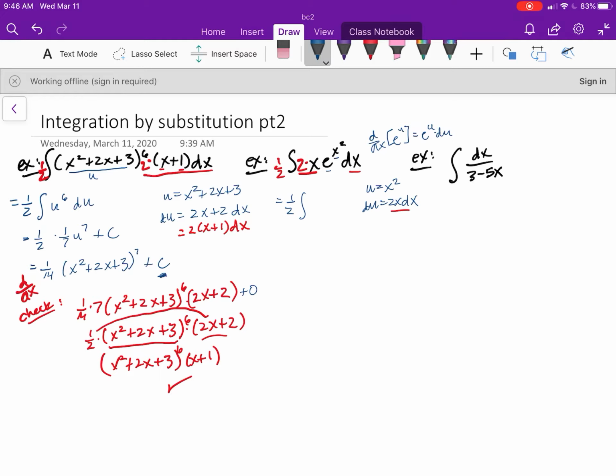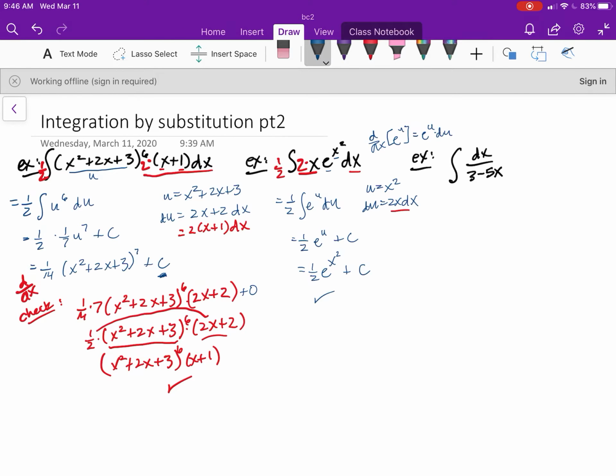This becomes e to the u, right? e to the u du. And the integral of e to the u is e to the u. So last, substitute that x squared, e to the x squared plus c. And again, you could do a check, do its derivative, but it's going to work out.